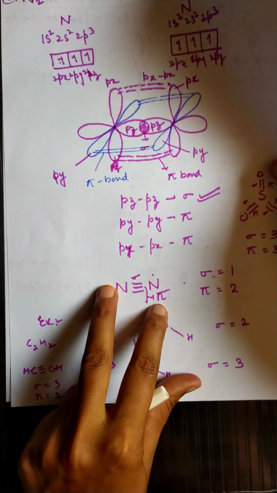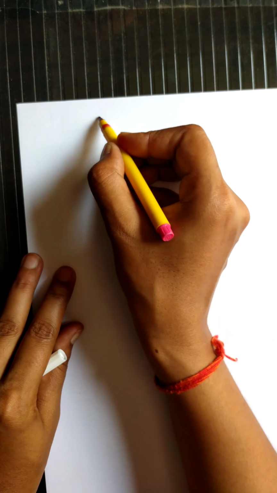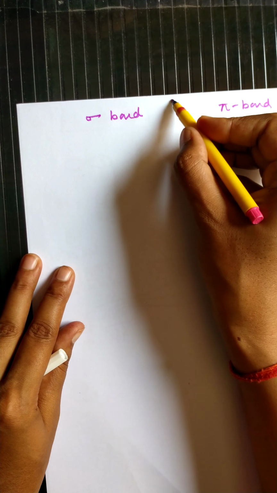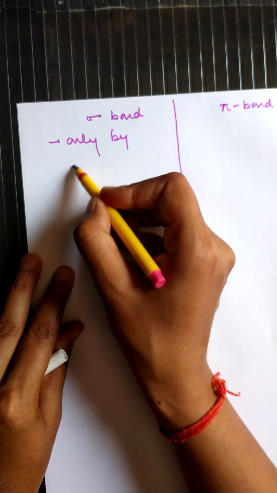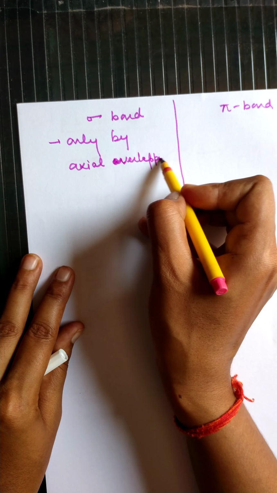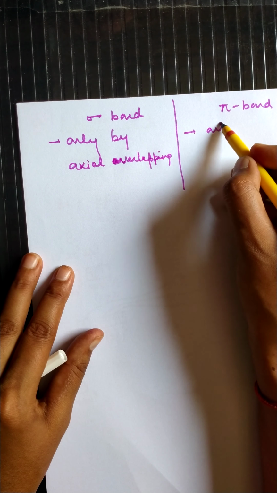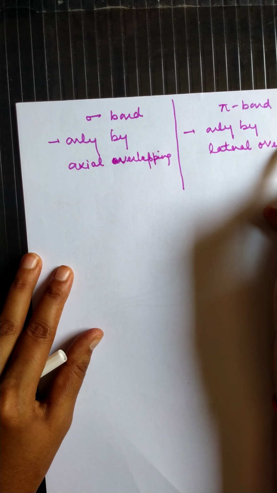Now students, the last part about the sigma and pi bond is the difference between the sigma and the pi bonds. So what is the difference between the sigma and the pi bond? This is the sigma bond and this is the pi bond. The sigma bond is formed only by axial overlapping or head-on overlapping, and the pi bond is formed only by lateral overlapping or sidewise overlapping.